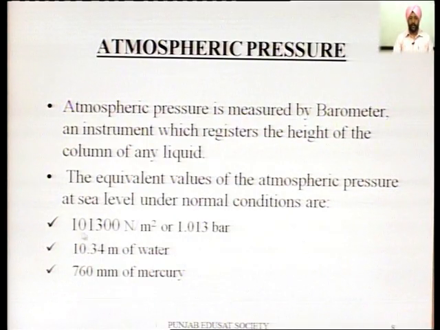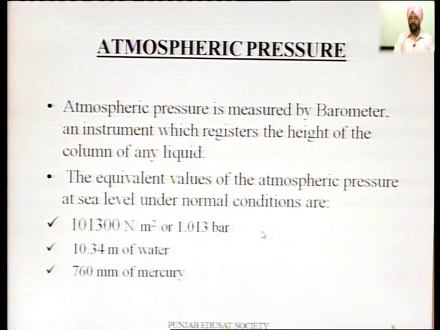The first one is 101,300 newtons per meter square, or 1.013 bar. So, this is the first equivalent value of atmospheric pressure. The second one is 10.34 meters of water, or 760 mm of mercury. These three values indicate the value of standard atmospheric pressure.